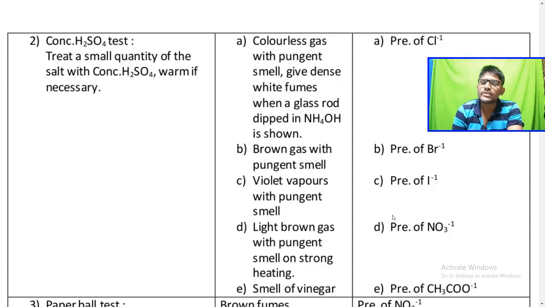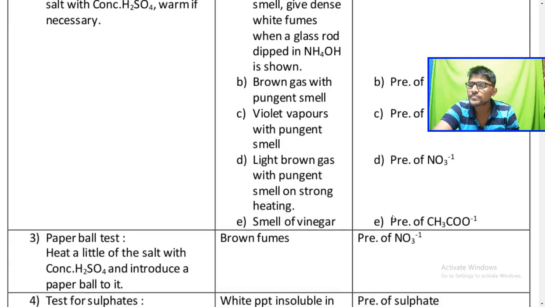So get into this: colorless gas with a pungent smell gives dense white fumes when a glass rod dipped in NH4OH is shown. It can be the presence of Cl-, but Cl- also has another confirmatory test which you can use in the examination. Here in this experiment I collected all the information and each and everything is discussed in detail, so you can check whether your notes are correct or not.